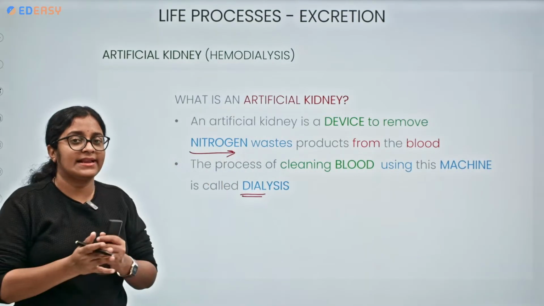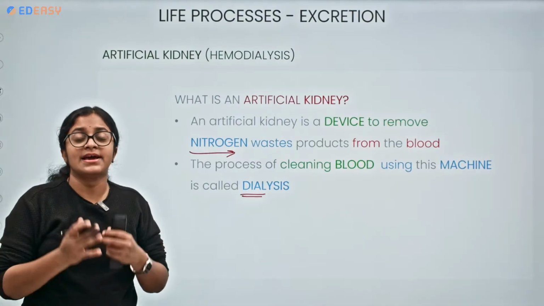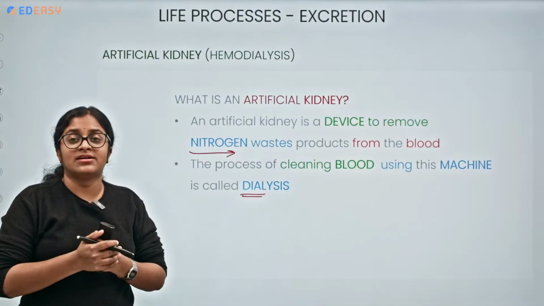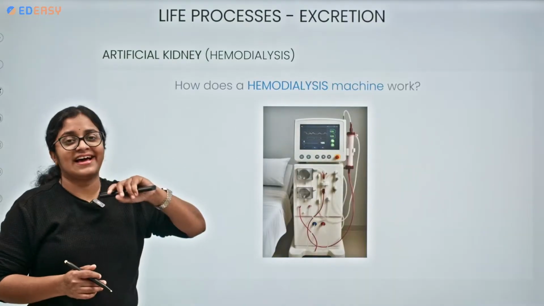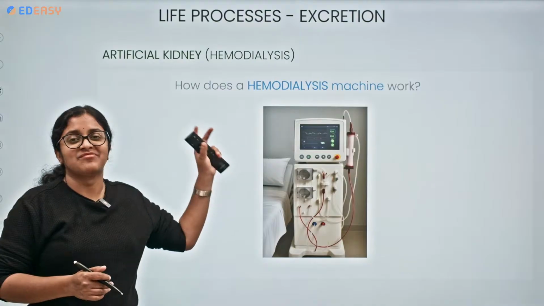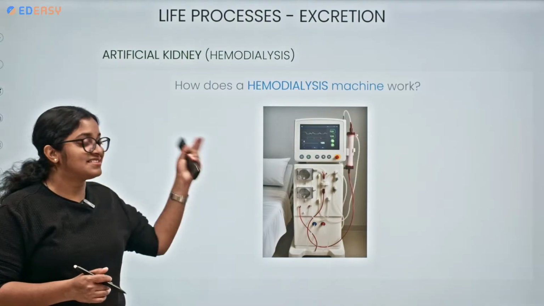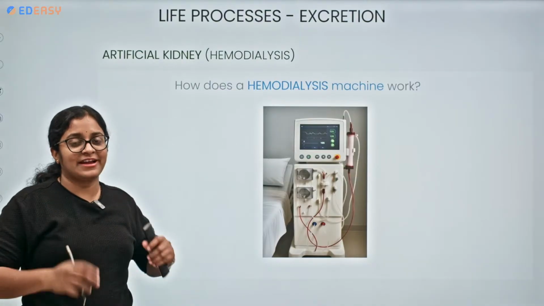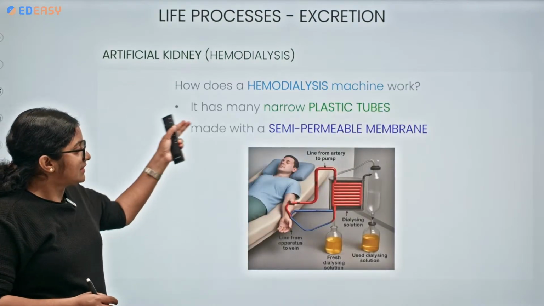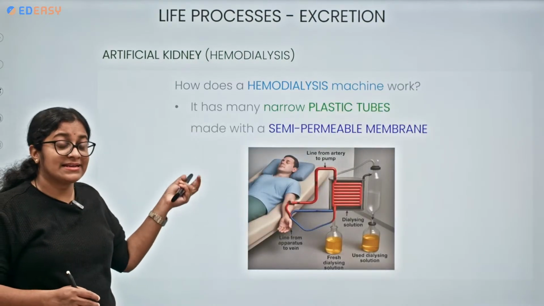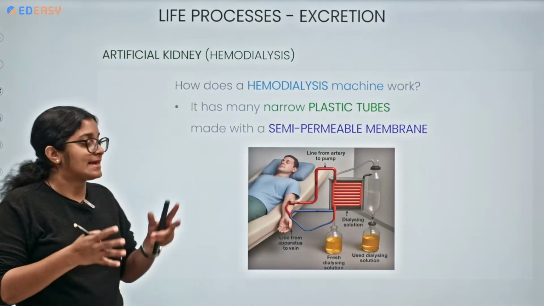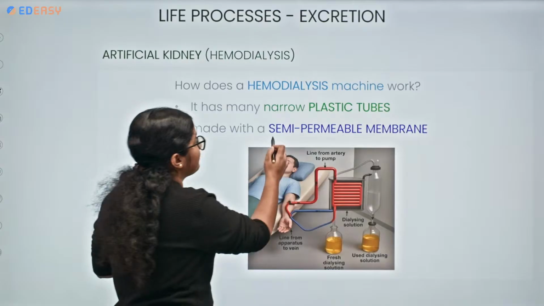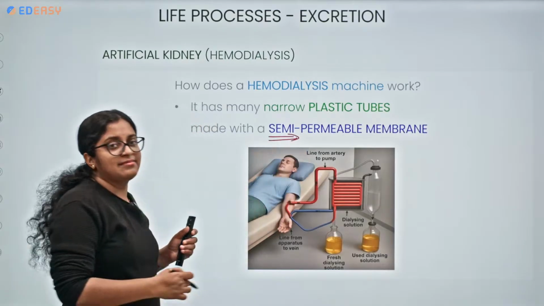So how does the hemodialysis machine work? Let's check this. This is the dialysis machine in a most simplified manner. Inside this dialysis machine, there are many plastic tubes made with a semi-permeable membrane.